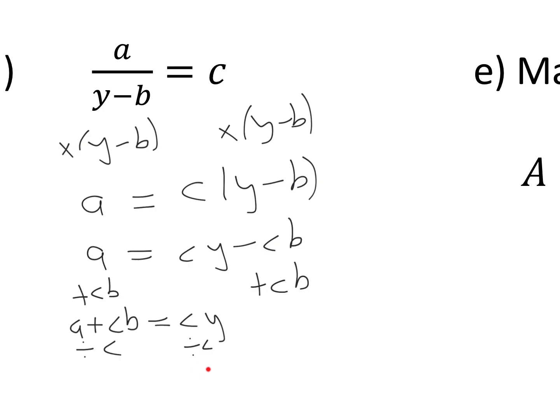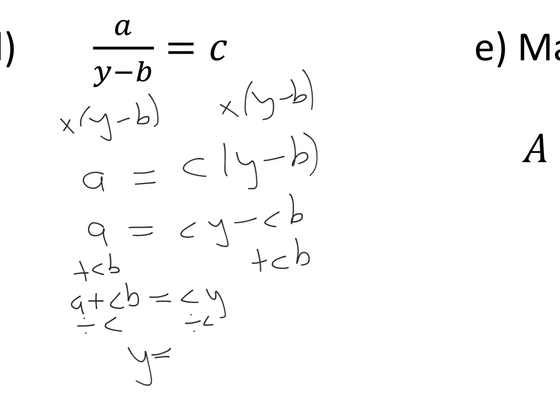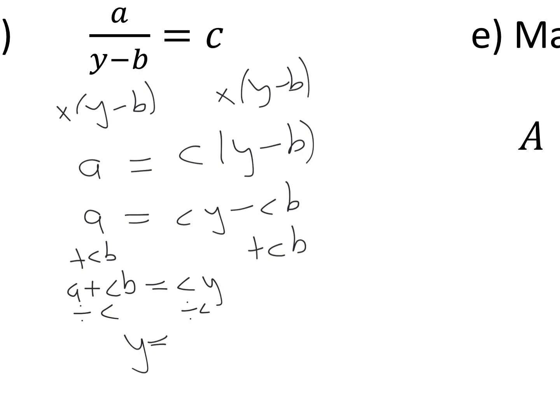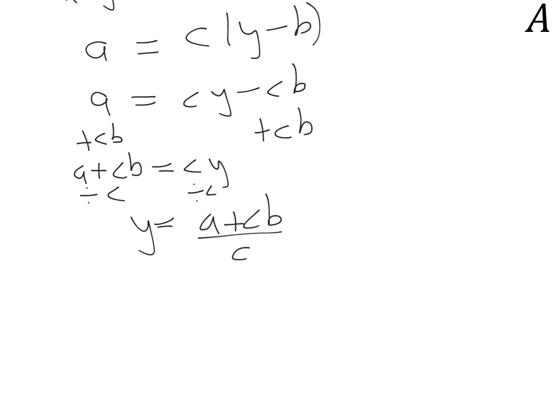It will be y equals on the right, but I'm just going to put it on the left, doesn't make a difference. So it's y equals, and then the left hand side is a plus cb, and it's divided by c. That's a correct final answer, or equivalently you might see in some textbooks a over c plus b.